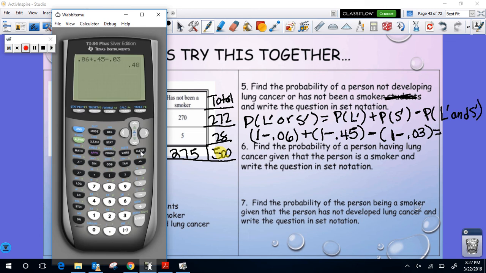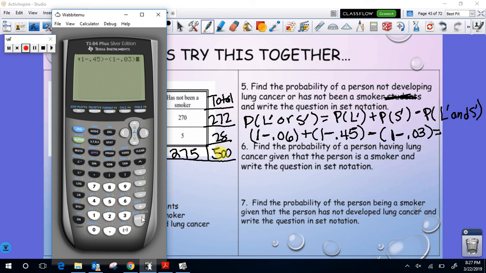So we're going to grab our calculator and type all of this in. 1 minus 0.06 plus 1 minus 0.45 minus 1 minus 0.03.